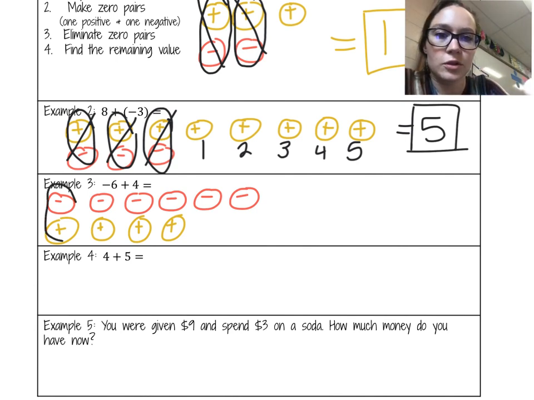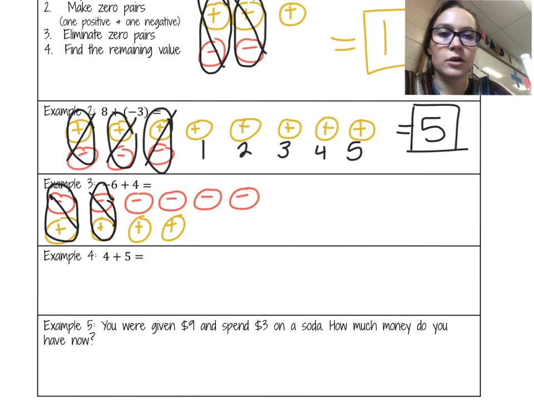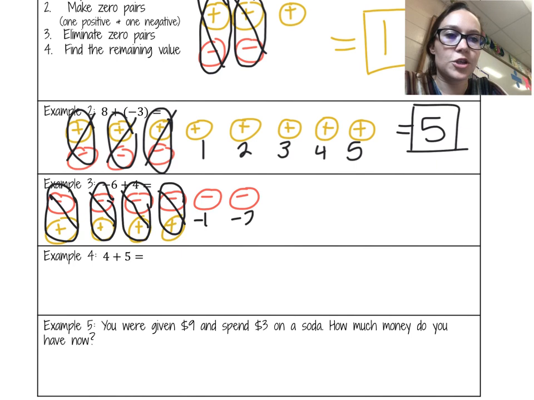So I'm going to circle a pair with a positive and one negative. Then cross it off. And a positive and a negative. Cross it off. Positive and a negative. Cross it off. I'm going to keep doing that until I don't have any more. This is my last pair. Then I'm left with 2 negative chips. So negative 6 plus 4 is negative 2.